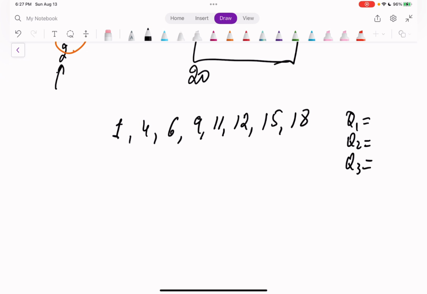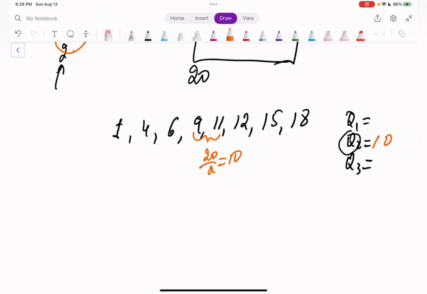We always start with Q2 because it's the median. Since we have even numbers, I'm going to add the middle two, 9 and 11. 9 plus 11 is 20. 20 divided by 2 is 10. So Q2 is going to be 10.